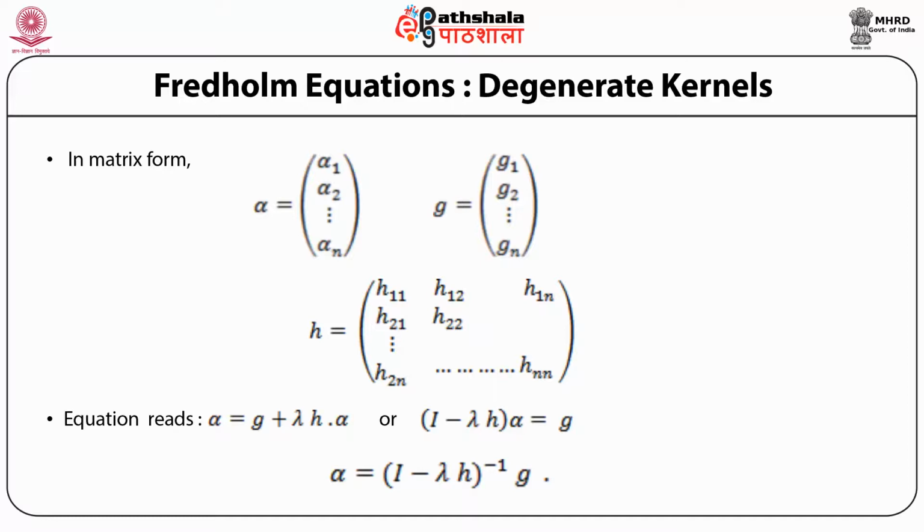Solving this, we get alpha is equal to the inverse of the matrix I minus lambda times the matrix H, multiplied by the column vector g.